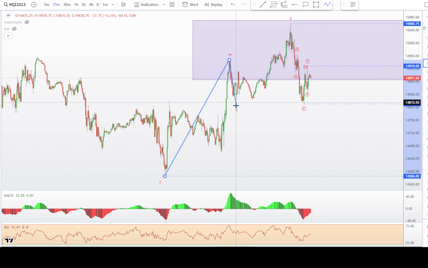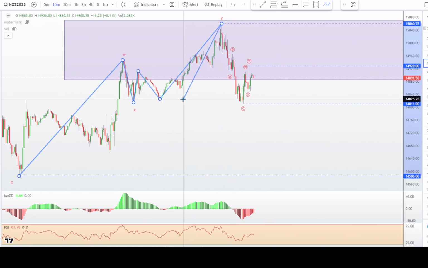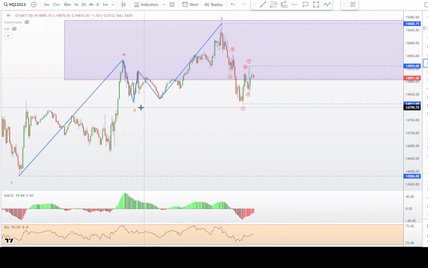W, three waves here, and then three waves for a Y. So this is a WXY, where on the S&P it's an ABC. Not that it matters a whole lot. But what was key was they broke that level right there, the X level. They broke that literally by a quarter point. So they came down on this wave and broke that.